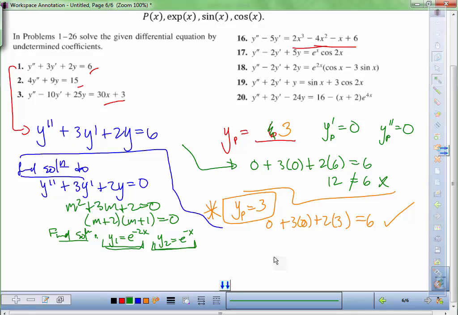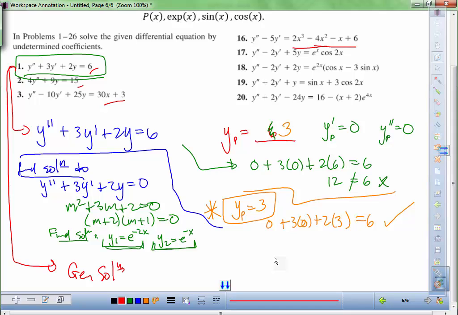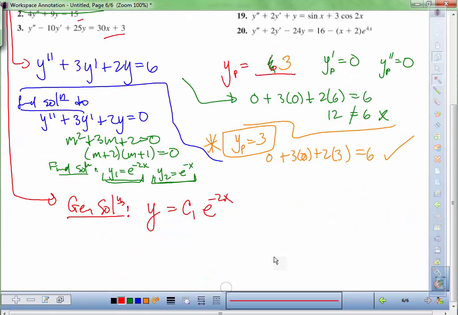Remember, our original problem was non-homogeneous. So the general solution here is going to be y is equal to c1 times y1, e to the -2x. And it doesn't matter whether you put -2x or -x first.